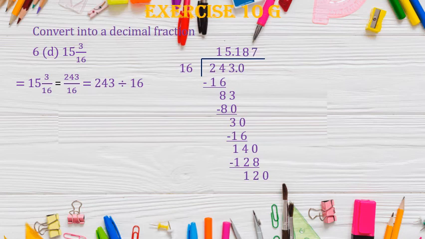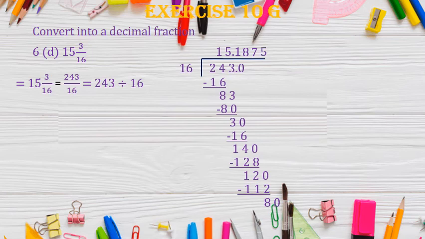So now children, 16 sevens are 112. So we will write 7 in the quotient, and now 112 subtracted from 120 gives 8 as remainder, and now we add 0 to 8, it becomes 80, and now let's divide 80 by 16.